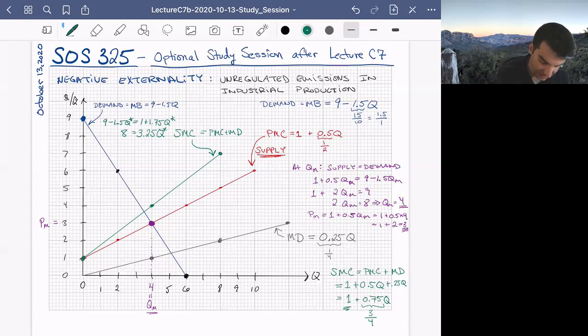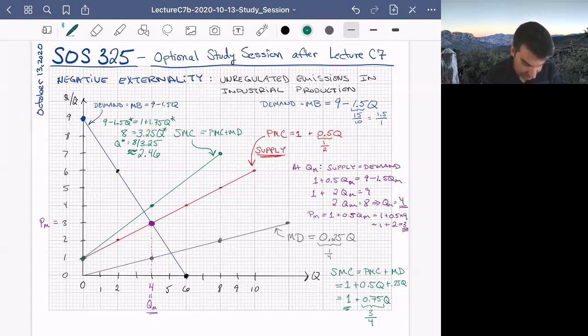Then I divide 8 by 3.25. So q star is equal to 8 divided by 3.25, which is approximately 2.46, or roughly 2.5.